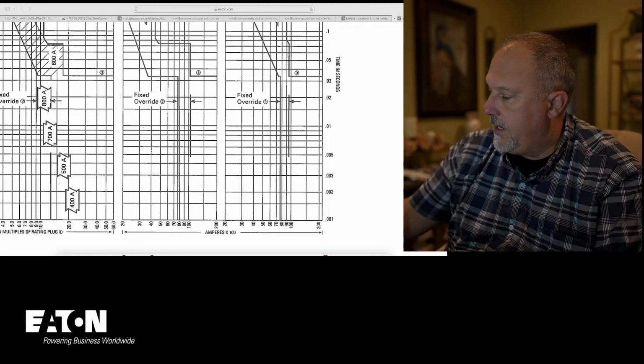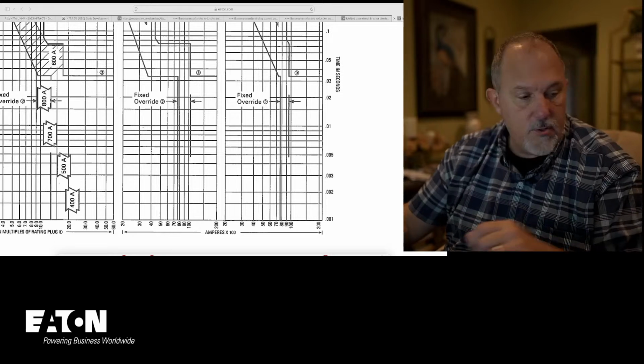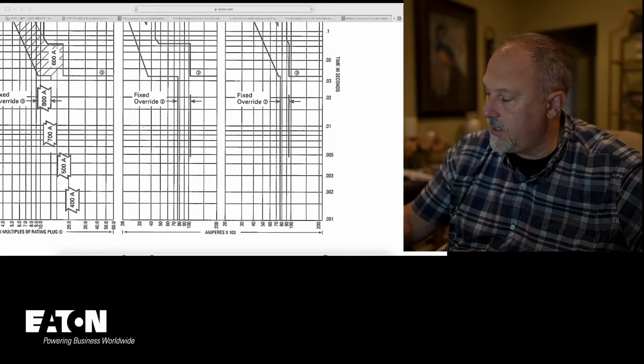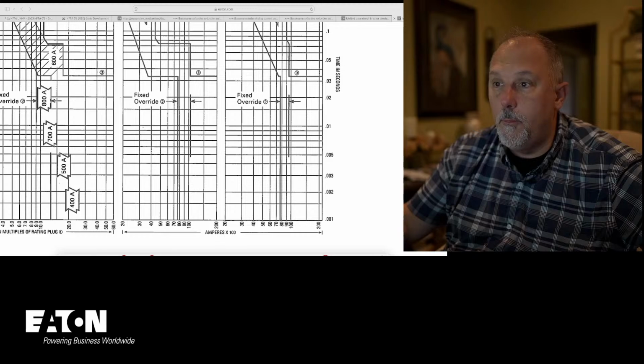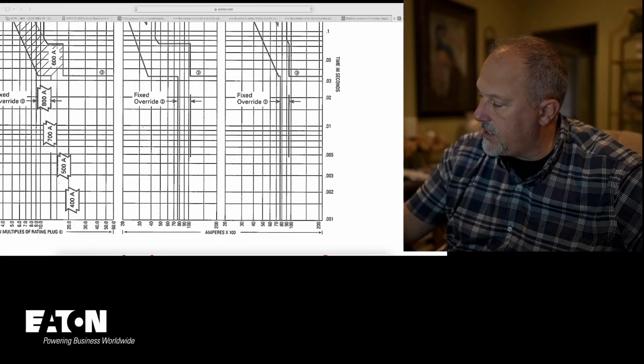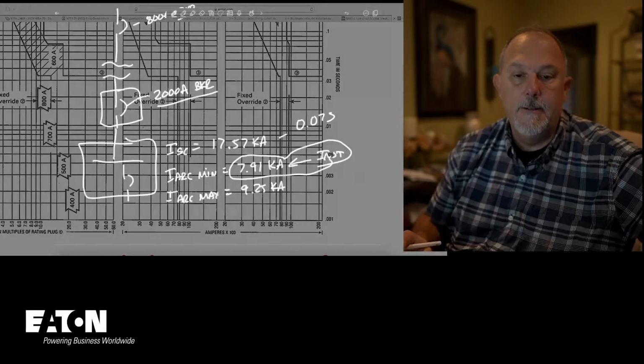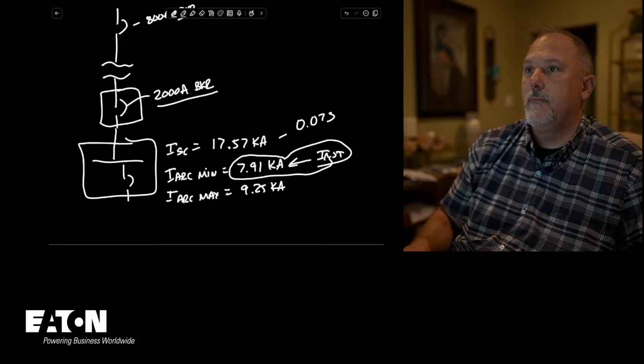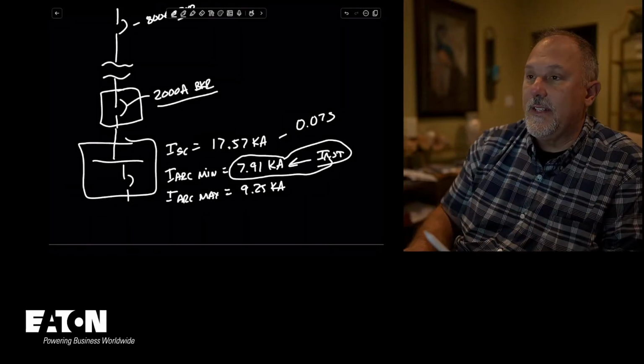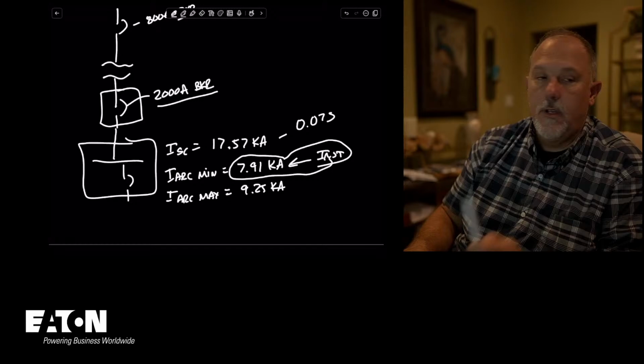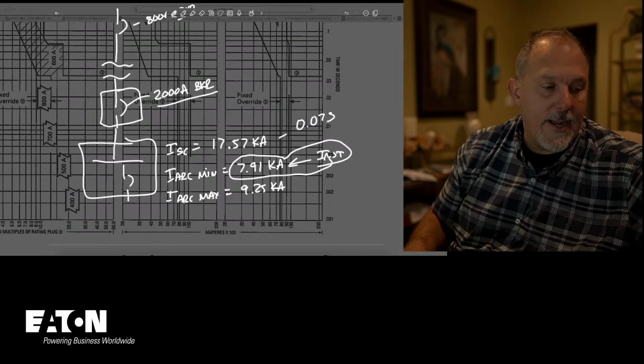So my clearing time is 0.07 seconds for both of those. So now, if it's 0.07 seconds, I'm going to go back to my spreadsheet.